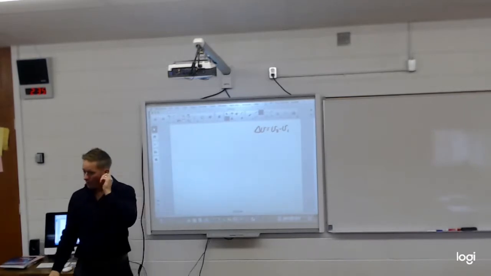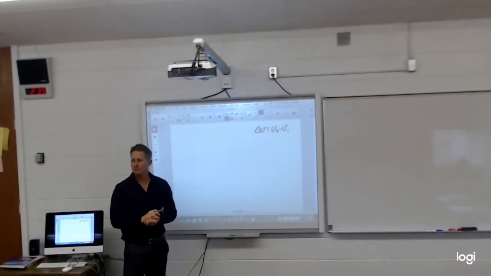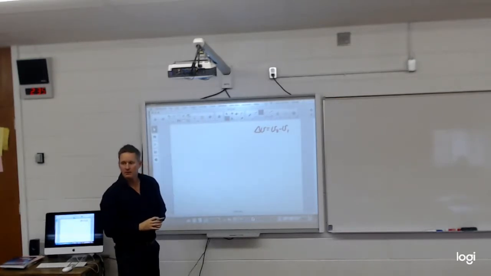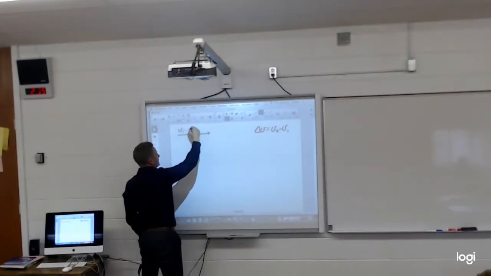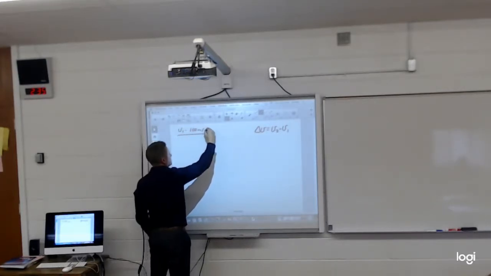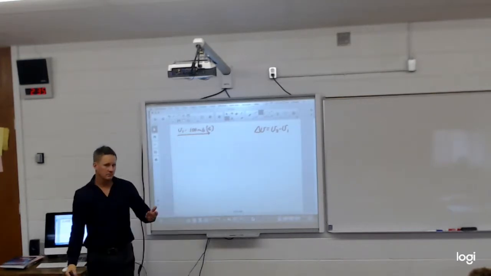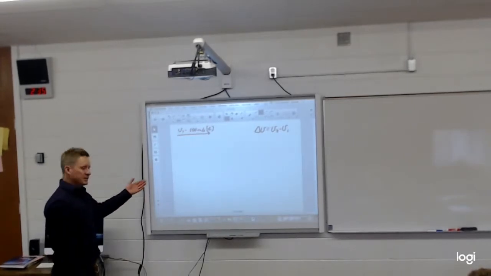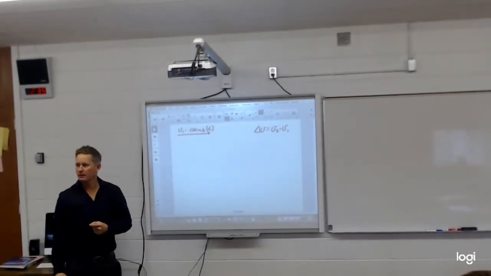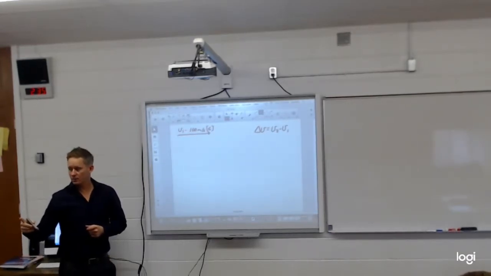All right, so read the question to me and just give me what the first part says. The plane is flying at 100 meters per second east. So the first thing that I know is that V1 is 100 meters per second to the east. You get that from the question? What's the second part of the question say? 30 meters per second, east 30 degrees north.